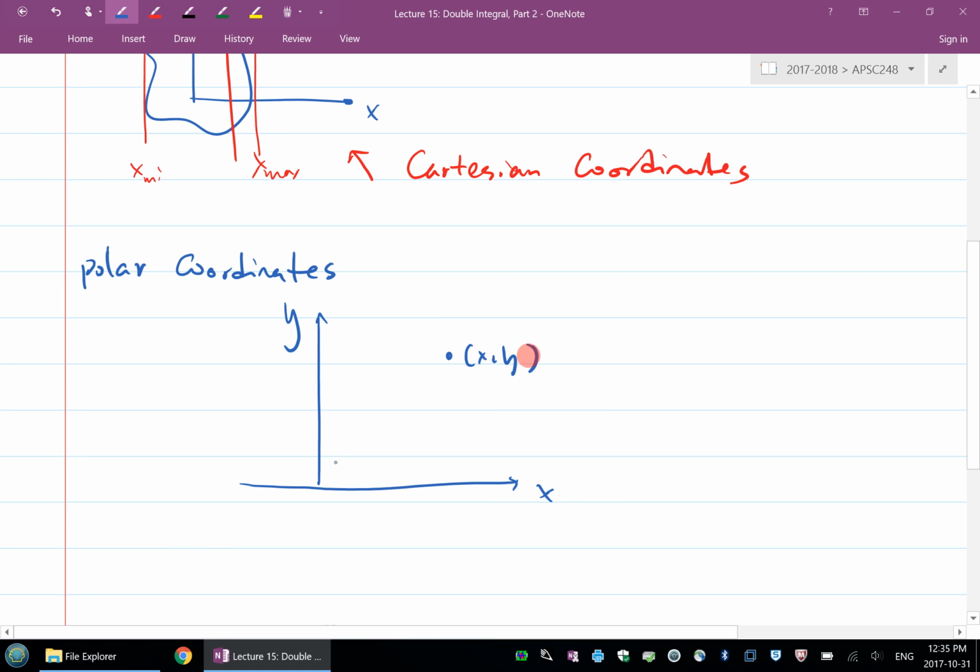Now if I connect the origin with this point and define two new coordinates, one is theta, the other is r, which is like a complex number, right? You have an argument and a magnitude. It's like a vector. Now this r and theta are the polar coordinates here. So r, theta is what we call the polar coordinates.